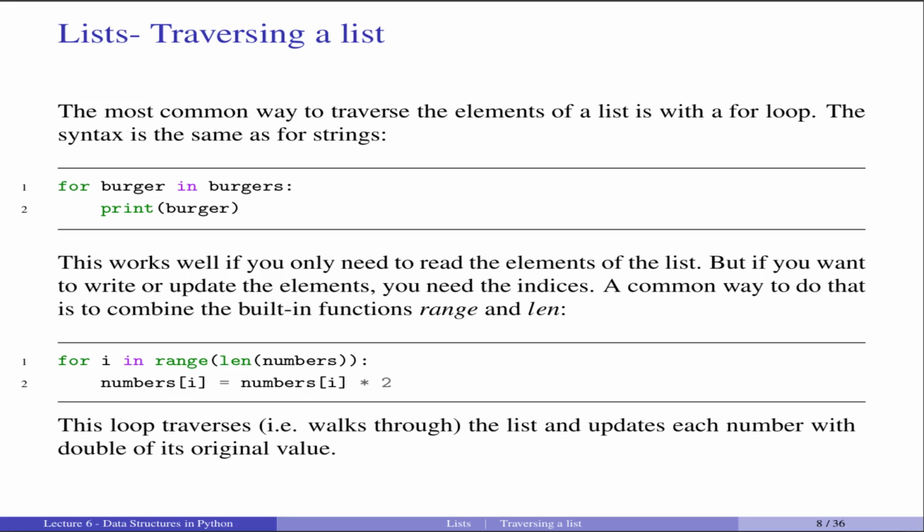For example, here we see an example: for burger in burgers print burger. Notice that we have used a variable burger which checks in the list burgers every time. So the value of burger will be one element at a time from the list of burgers. My burgers list had three values, chicken, tandoori and BBQ.